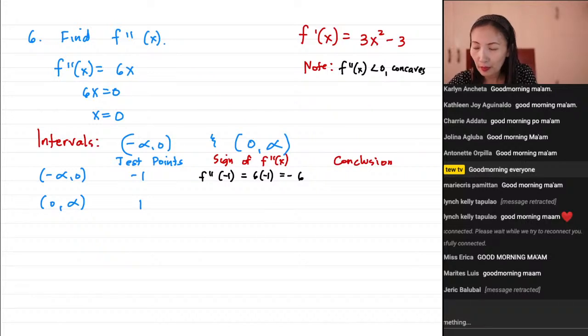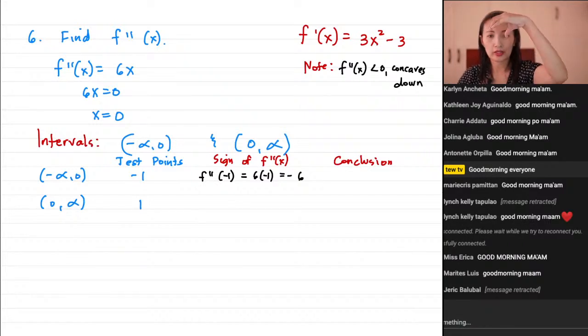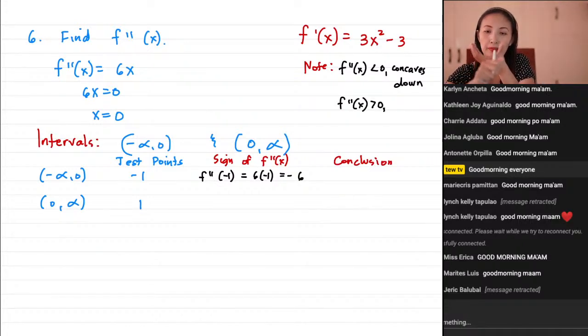Maximum siya. If f double prime of x is greater than 0, the graph this time, minimum siya, it concaves upward.